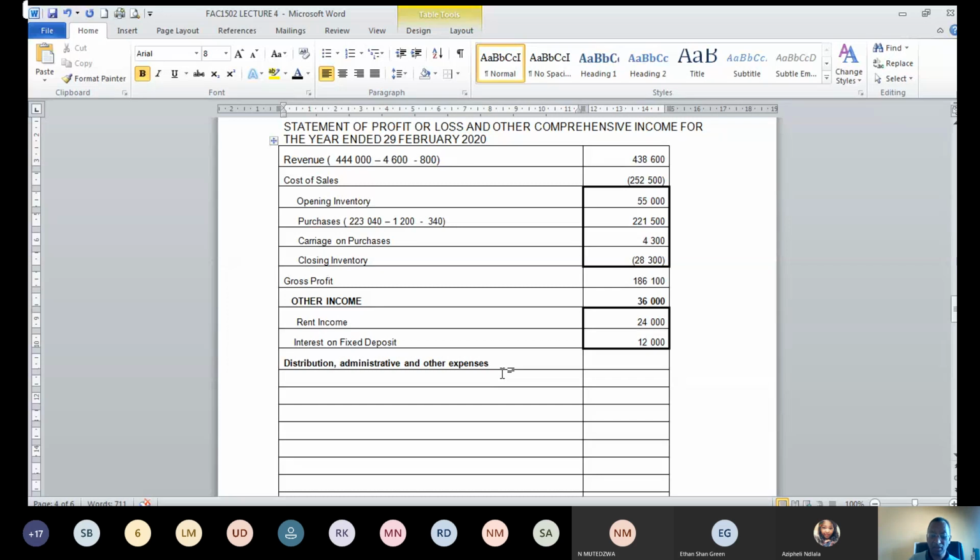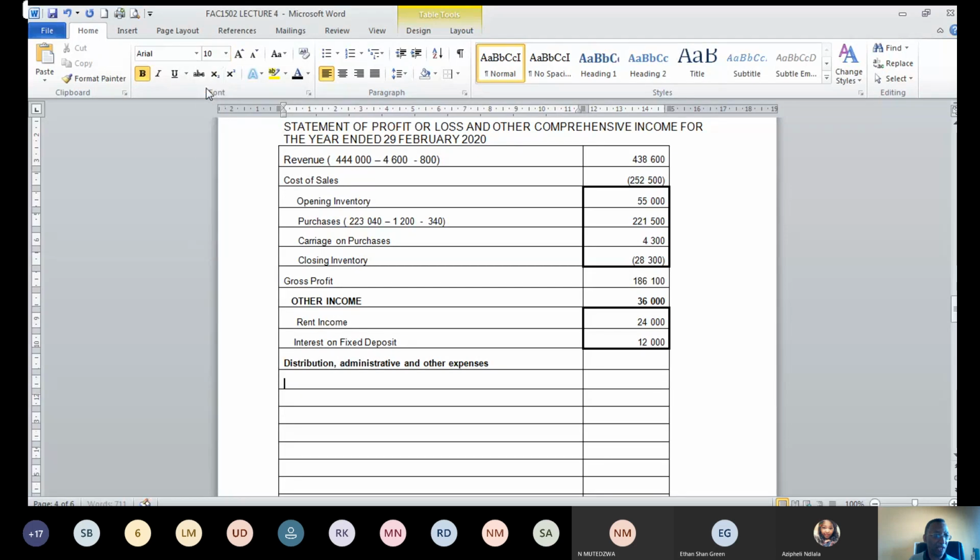Once again, guys, it is important. This is a format. The format of your financial statements is a format that everybody must abide by. So don't come up with your own headings. This is the format, and your heading must be distribution, administrative, and other expenses, not anything else.